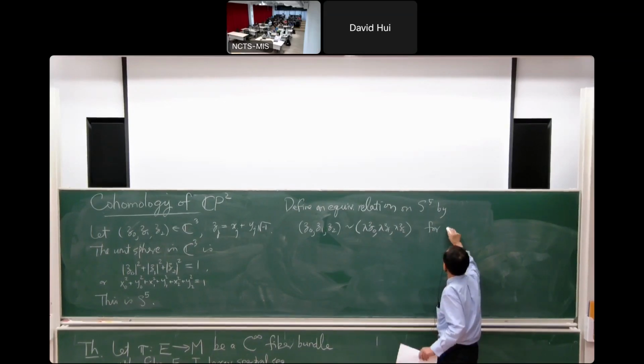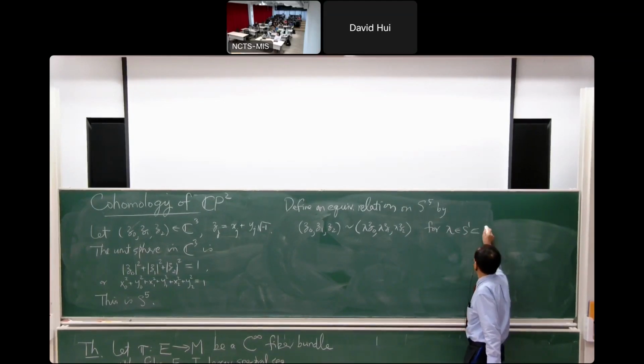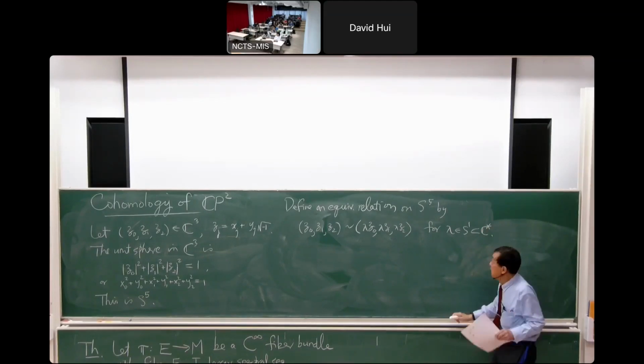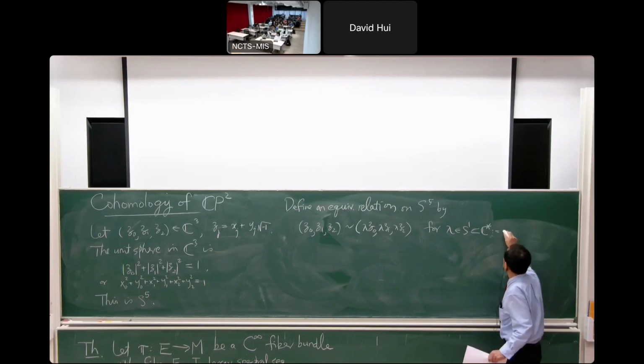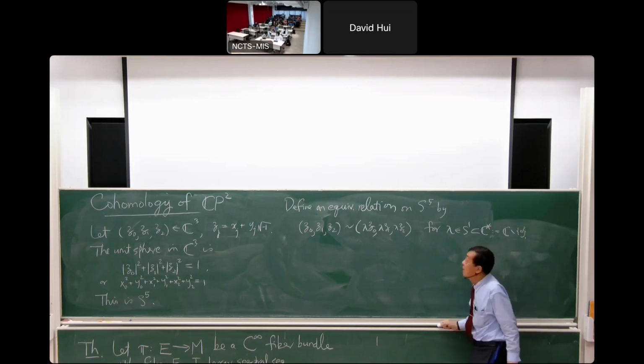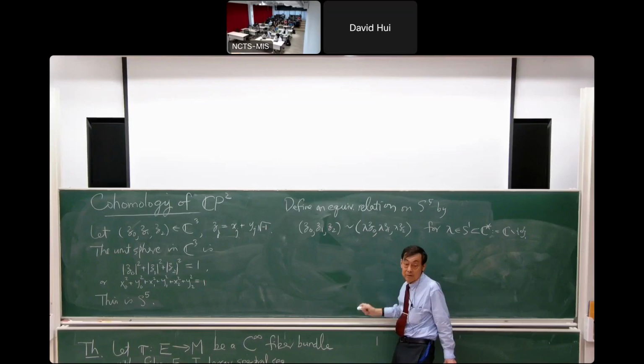That's in the unit sphere of C star, and C star is C minus 0. You have to use complex numbers of norm 1 in order to keep the vectors of norm 1.